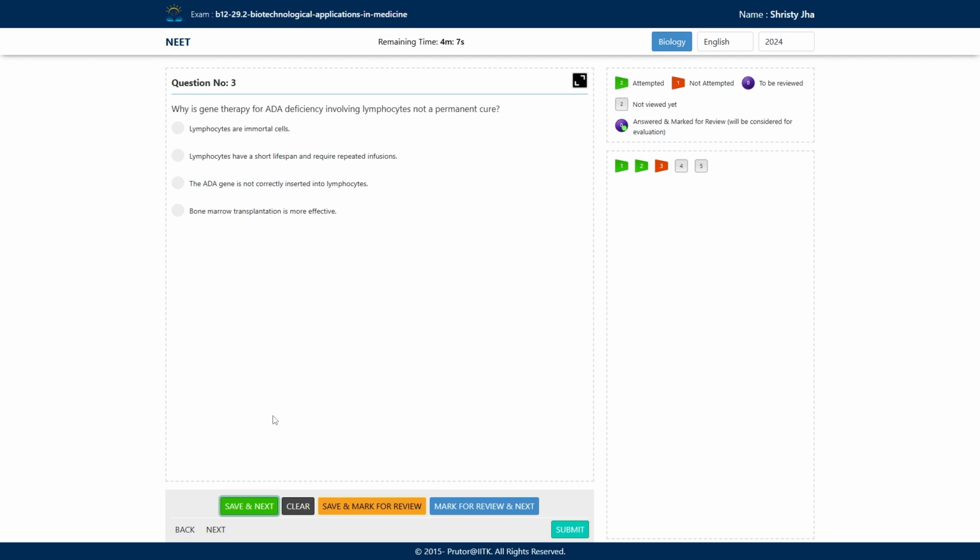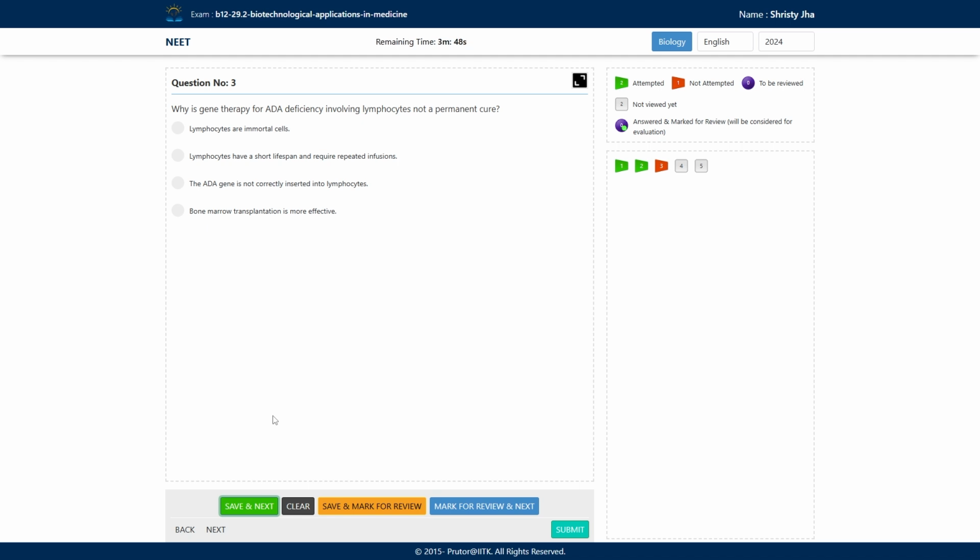If there is a deficiency of that enzyme, it causes a disease, and because of this deficiency we can use gene therapy as the therapy. But even using gene therapy, it did not act as a permanent cure.